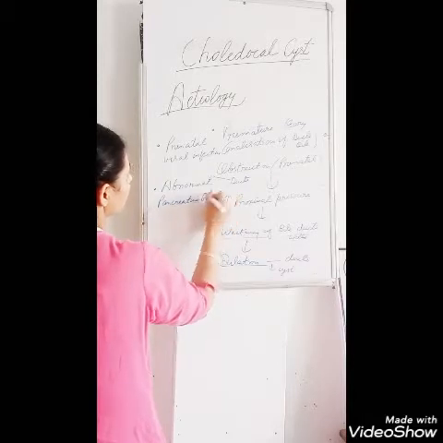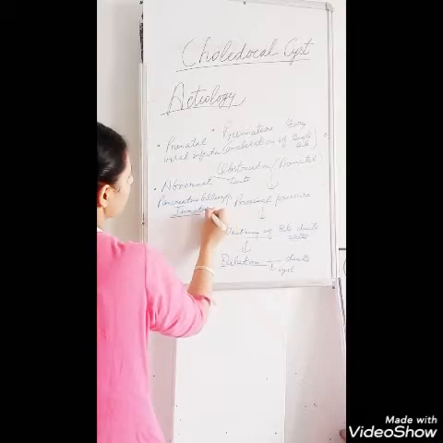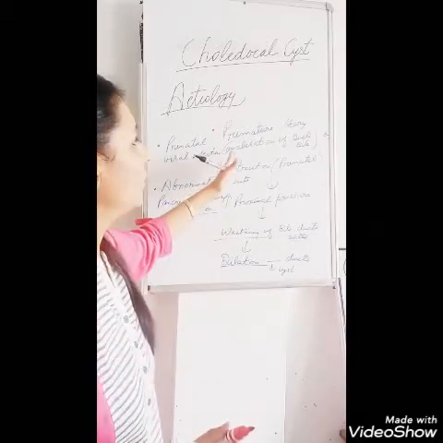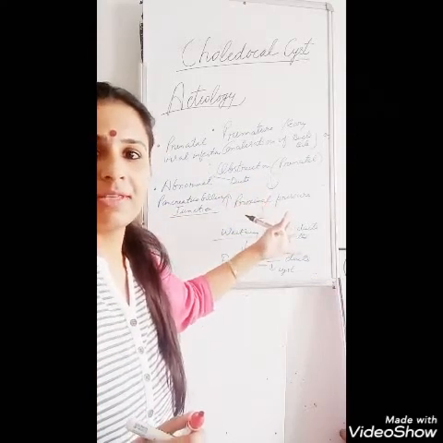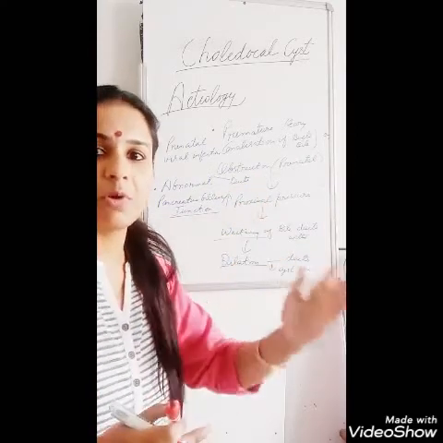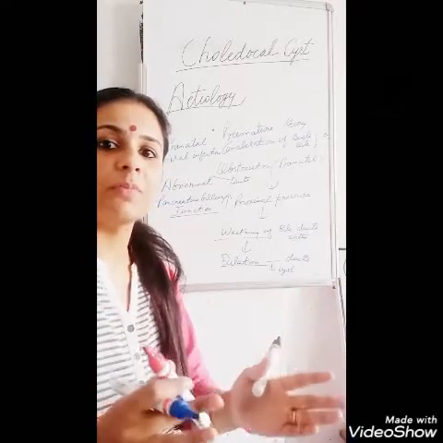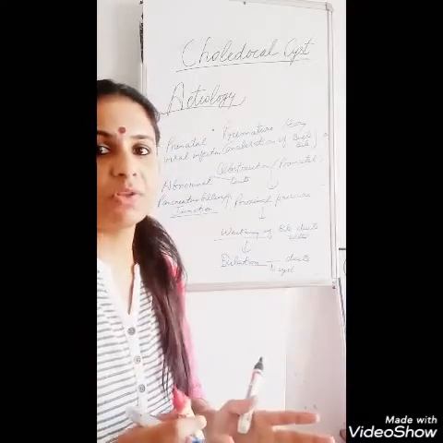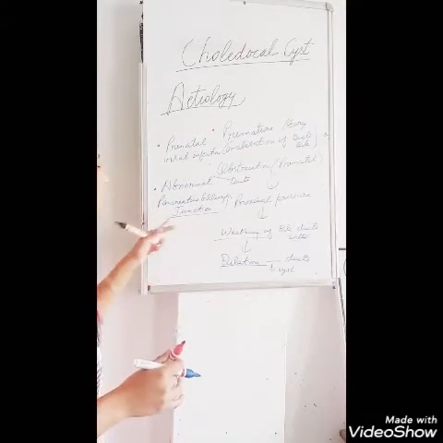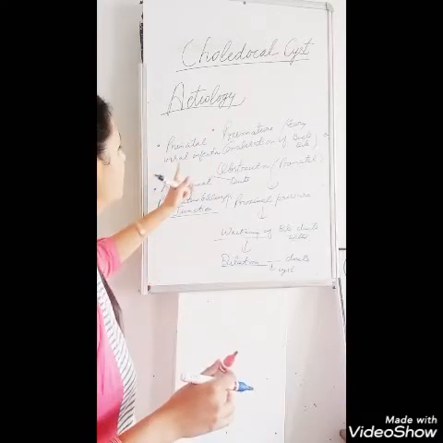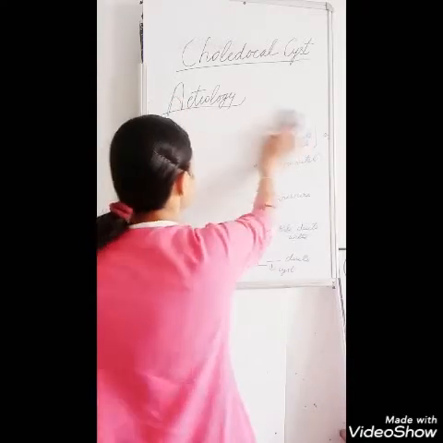So the early canalization of the bile ducts and the obstruction inside the bile ducts will result in high proximal pressure, and that will cause weakening of the wall, and that will result in dilatation of the ducts wall. Also, the abnormal pancreatico-biliary junction can lead to the choledochal cyst, or the prenatal viral infections can also be the cause. So this is the etiology.